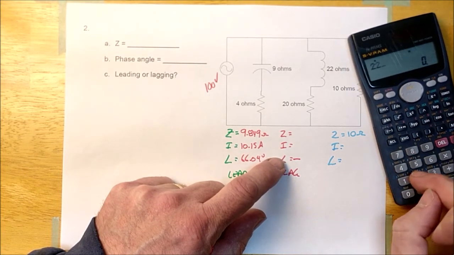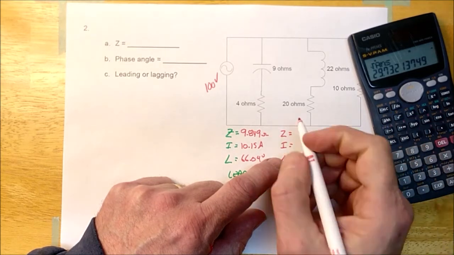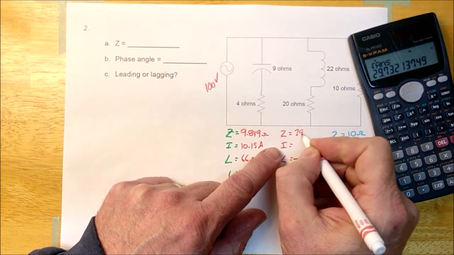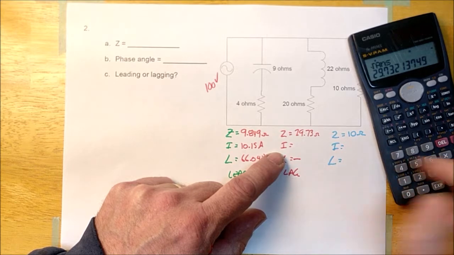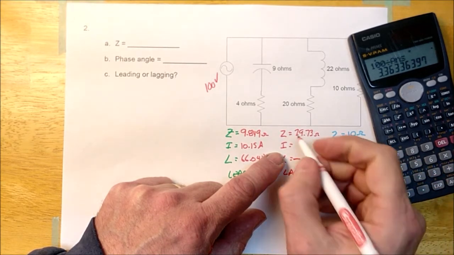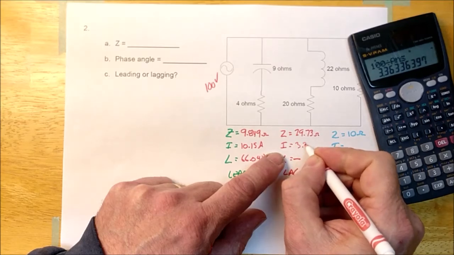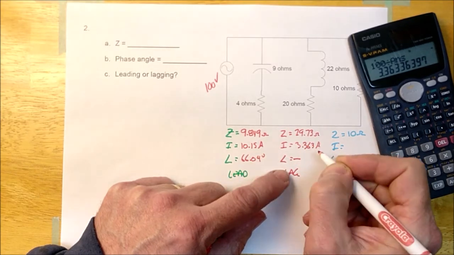It's going to be 22 squared plus 20 squared, root, equals 29.73 ohms. I is going to be 100 divided by that answer, 3.363 amps.